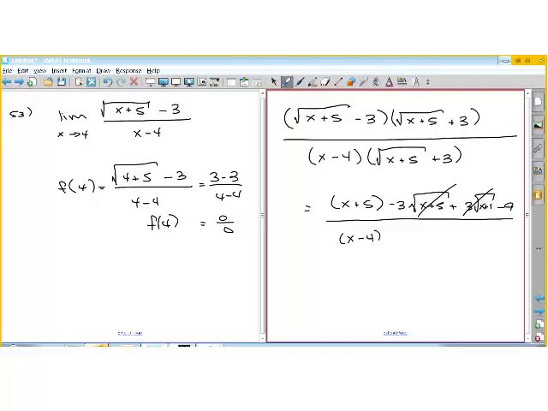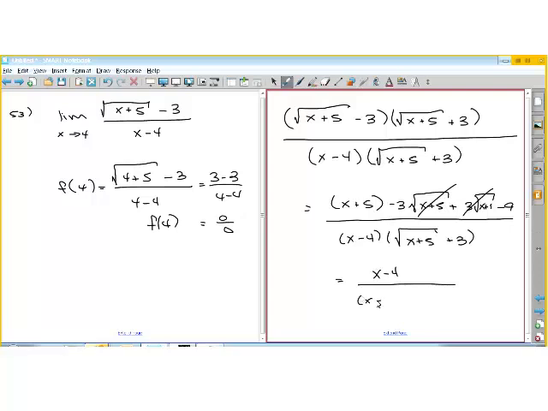And it turns out that when you use rationalization and your original expression is indeterminate, then the denominator term after simplification cancels out with the numerator term. So these have gone. Then you have x plus 5 minus 9, which is x minus 4.